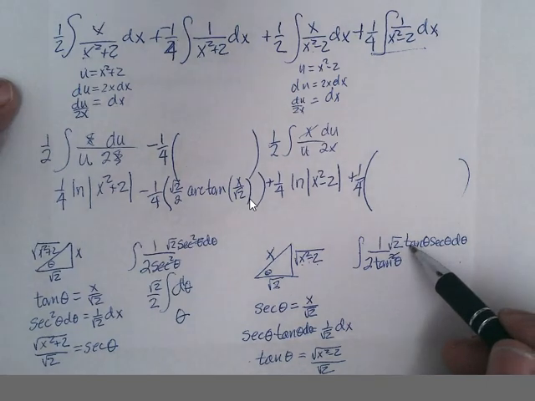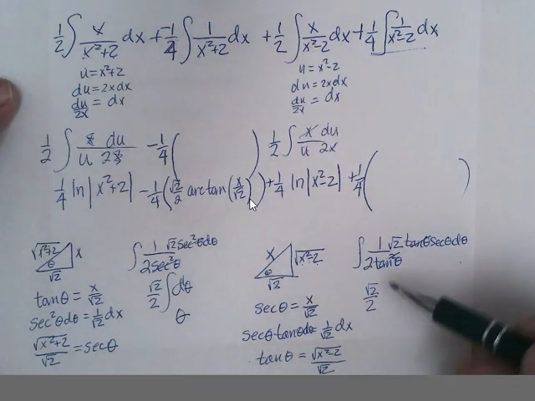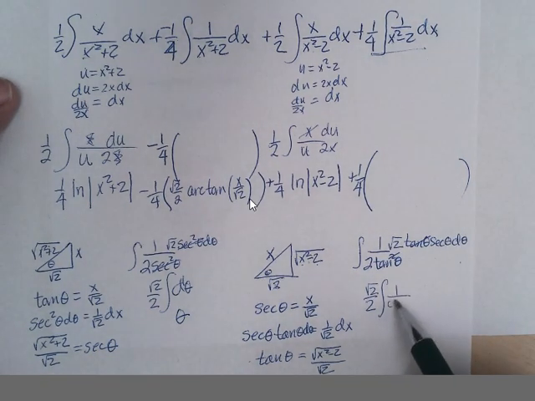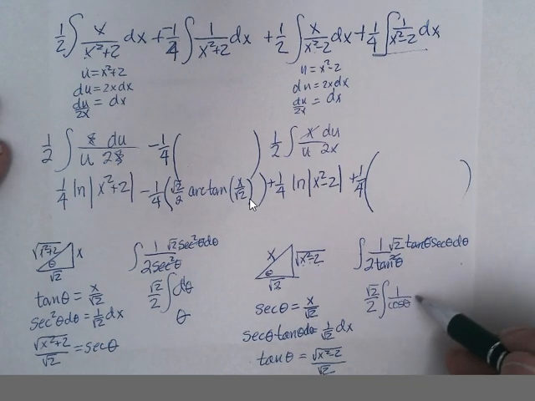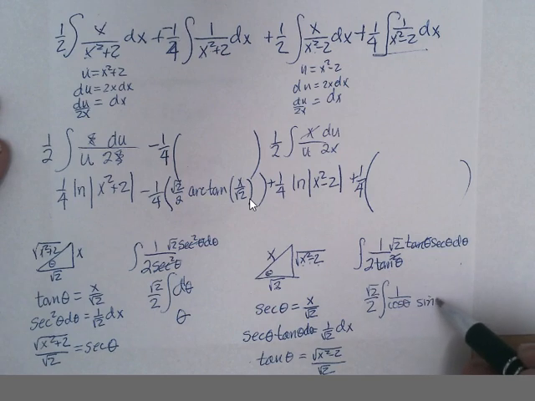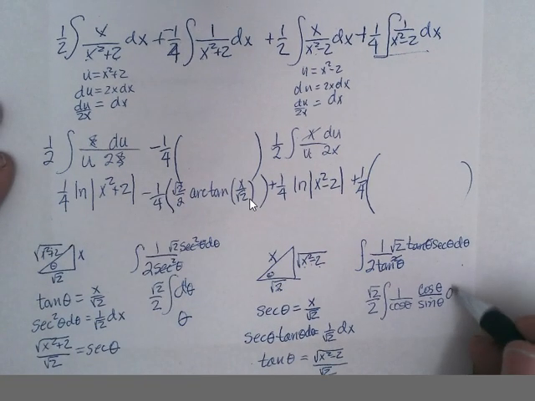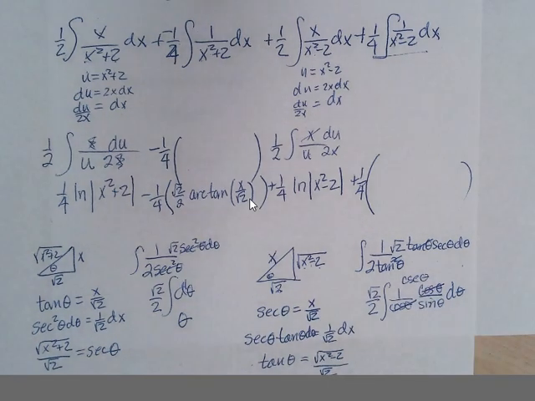One of the tangents cancel, and I can pull a square root of 2 over 2 factor out of the integral, and so I have secant, 1 over cosine theta, and 1 over tangent, which is sine theta over cosine theta in the denominator, so it becomes the other way around when I bring it to the numerator, d theta, and the cosines cancel, so I've got 1 over sine, which is cosecant theta, that I have to integrate.